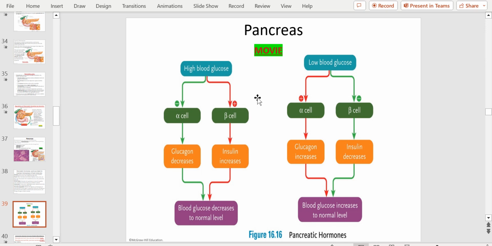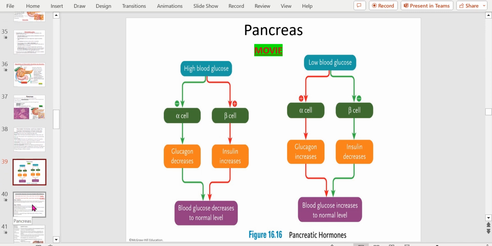Type 2 diabetes is generally diagnosed in older individuals who didn't eat as well, or because of their lifestyle. They still produce insulin, but their cells don't recognize it anymore. So with type 2 diabetes, they are what we call insulin resistant. Good little slide here, alpha cells, beta cells. Have a look at that. Let me know if you have any questions.